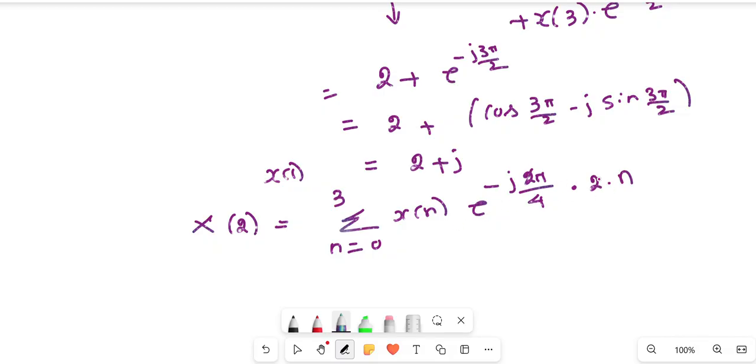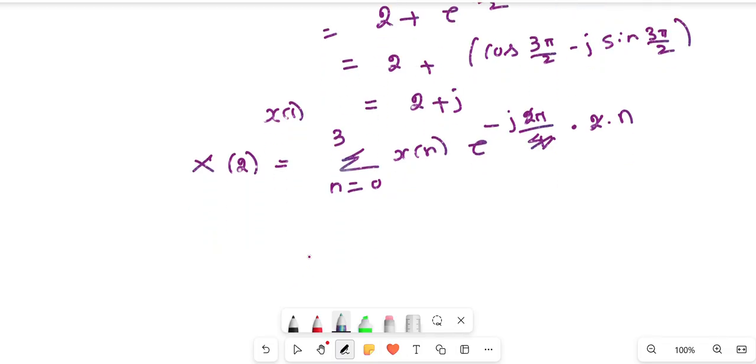So it will be cancelled here. Now you can simplify this equation.